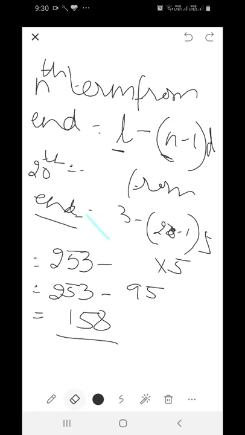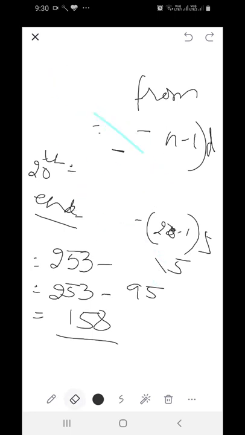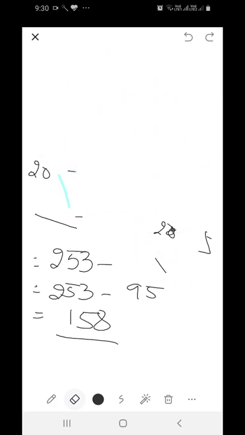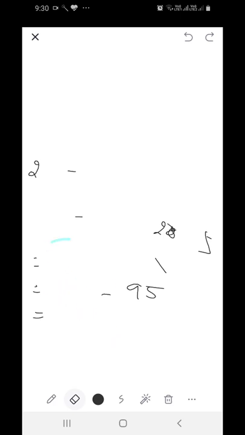Now I am taking up the ninth question. Ninth question says, which term of the AP 53, 48, 43 and so on is the first negative term? Now you see this AP is in decreasing order.